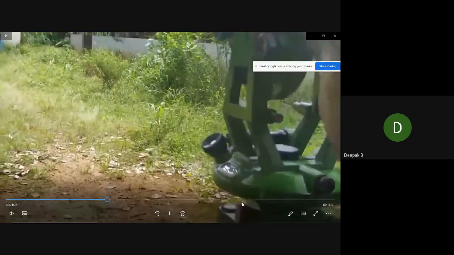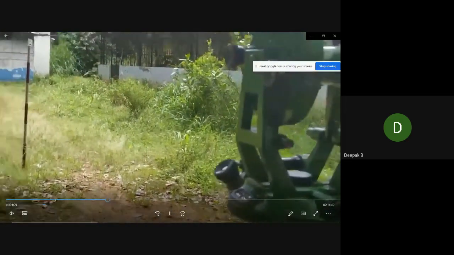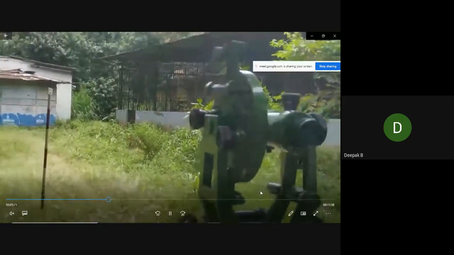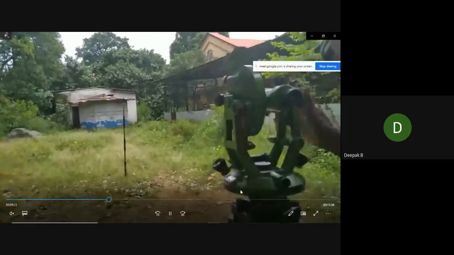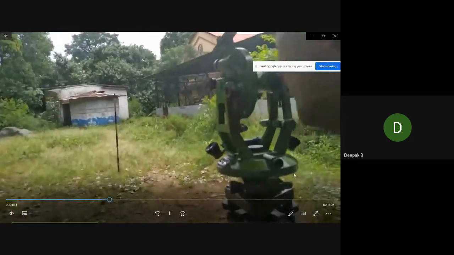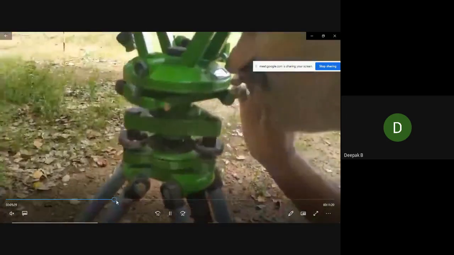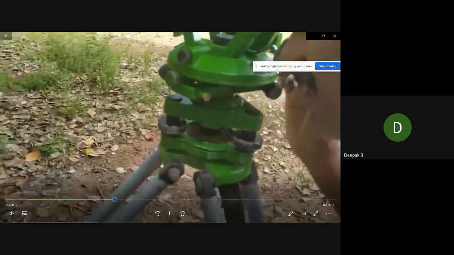To keep that angular measurement from being lost, he is fixing or clamping the upper plate. After that, he will take the reading. Okay, he is taking the reading by looking through that lens.